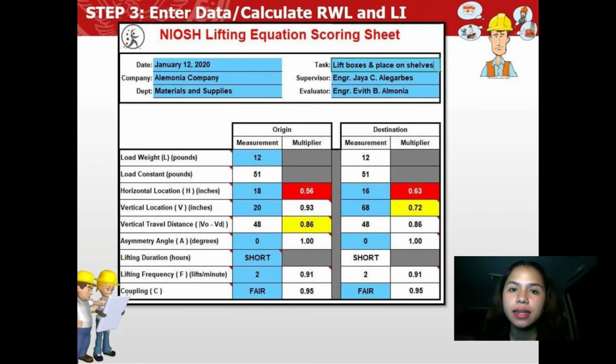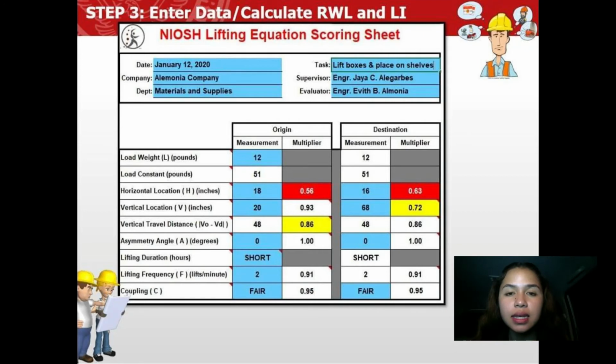On the other hand, the destination data is given. Load weight is the same measurement as the origin, which is 12, as well as load constant 51. Horizontal location is 16 inches, which is equivalent to 0.63 in multiplier. Vertical location is 68 inches, which is equivalent to 0.72.